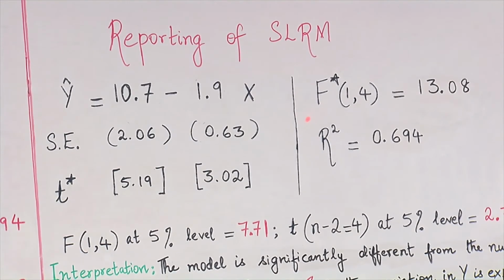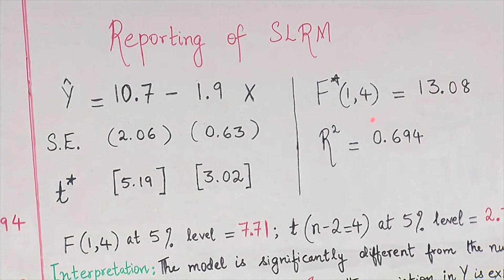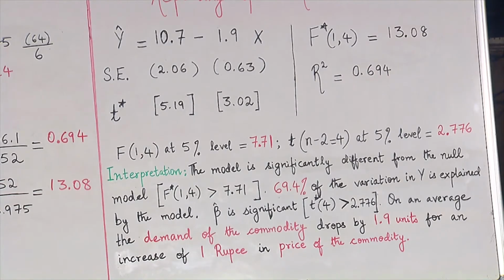On the right side, we denote the F statistics at 1,4 degrees of freedom that we have computed, 13.08. Similarly, the R square value for this case is 0.694. The critical value of f and t is given here.